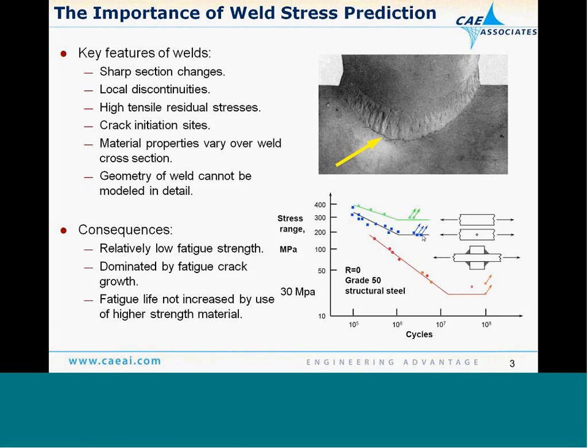And finally, if we take that bar and we weld a couple plates to it, you notice that we go all the way from 200 megapascals down to about 30 megapascals. So we have an order of magnitude change in terms of the stress level that we can withstand when we start having welded connections.